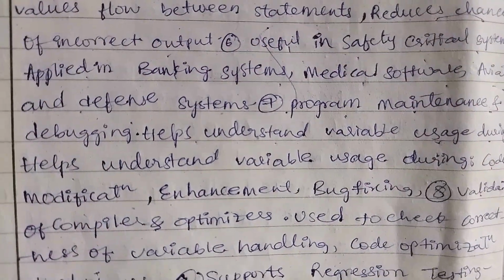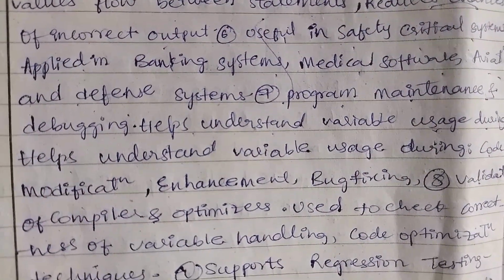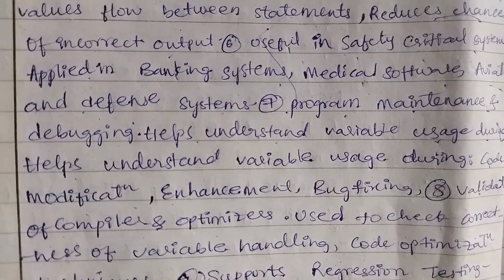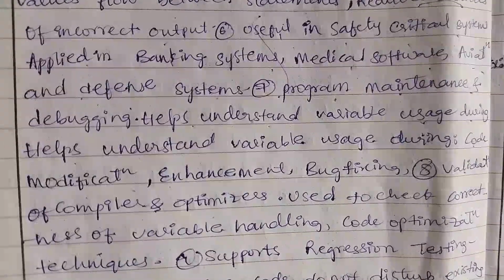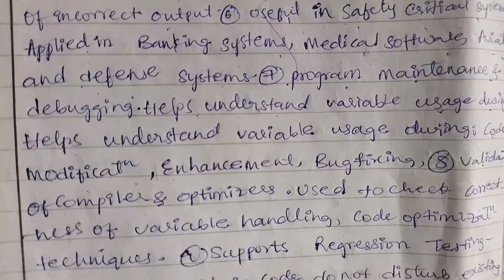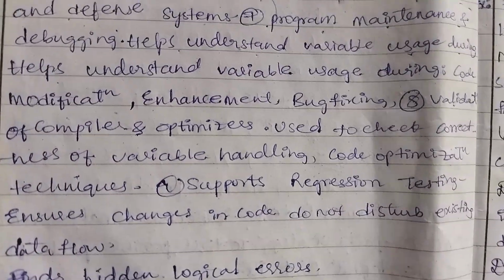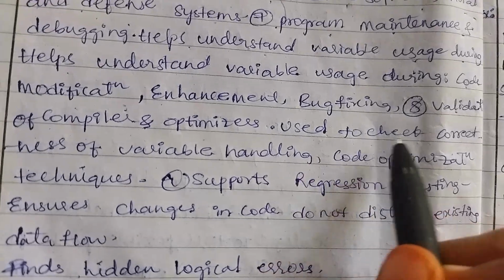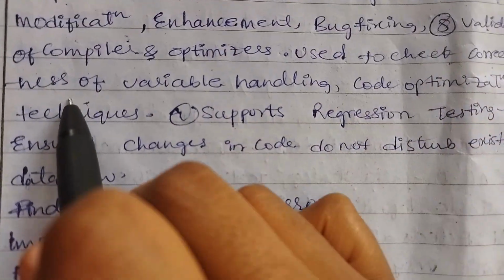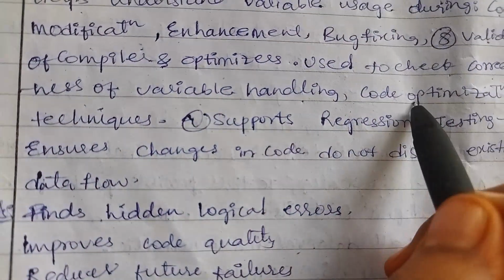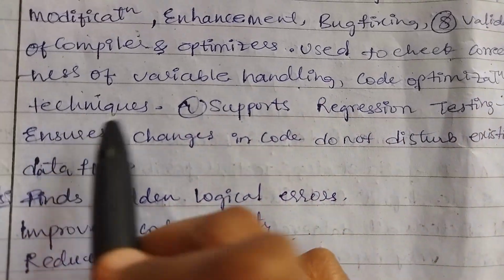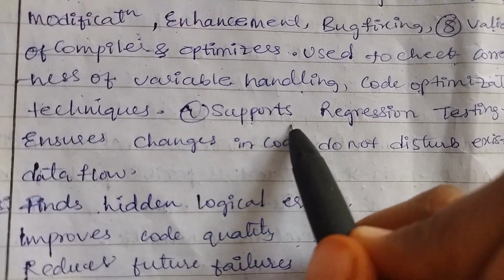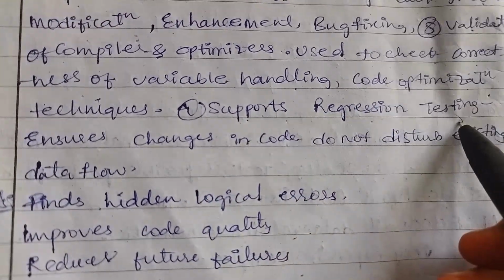These are the terms we need to maintain. The eighth step is validation of compilers and optimizers, used to check correctness of variable handling and code optimization techniques, and it supports regression testing.